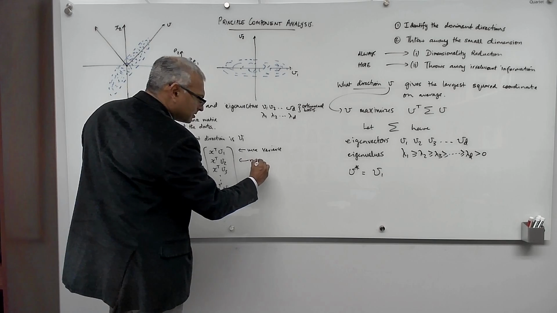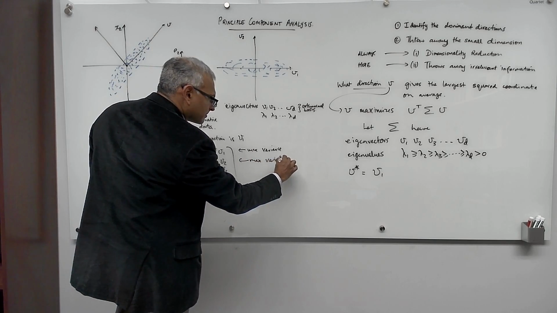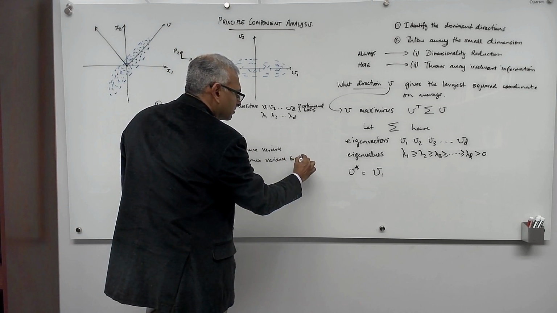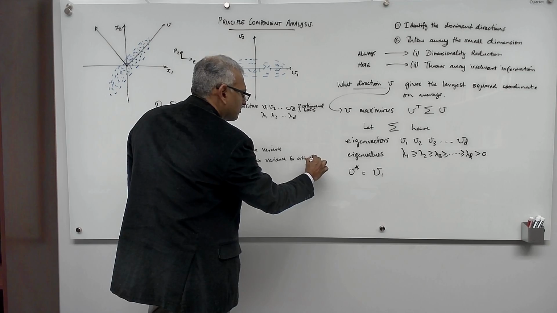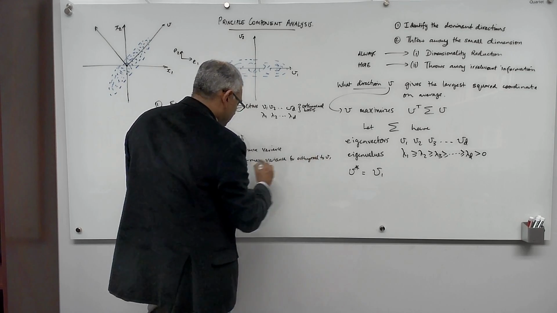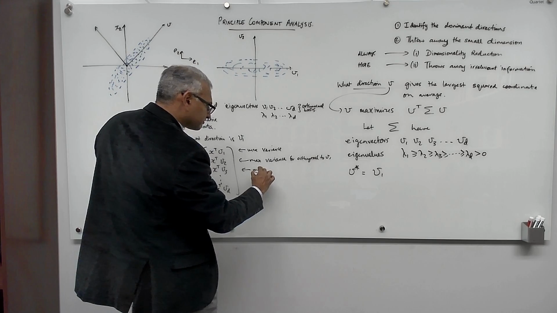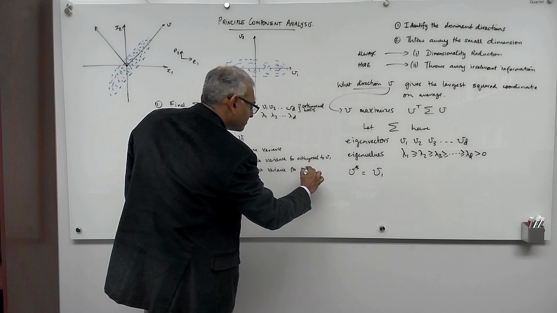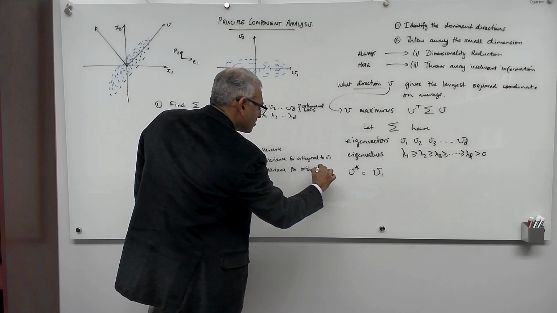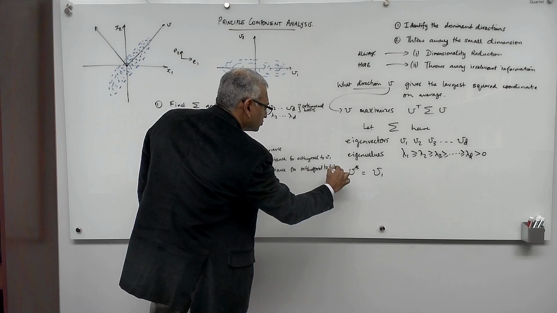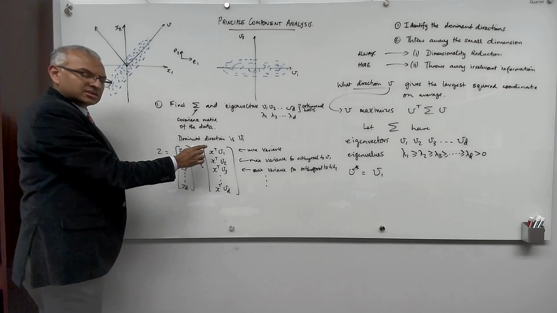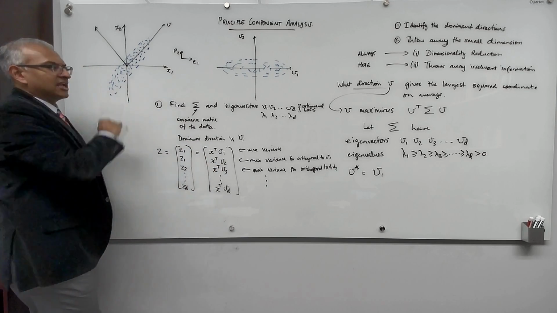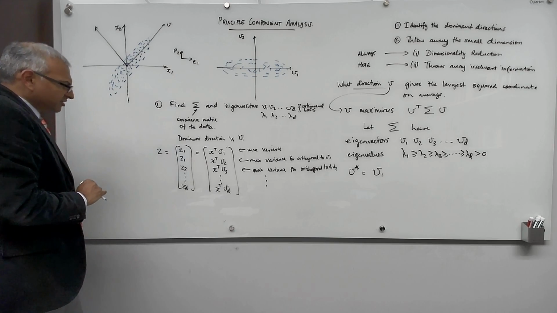This is max variance constrained to being an orthogonal direction to V1. And then this is the max variance for orthogonal to V1, V2, and so on. Okay, so these are the directions in which you capture the most variance of the data. Okay. Now, there's a theorem of Eckart-Young.